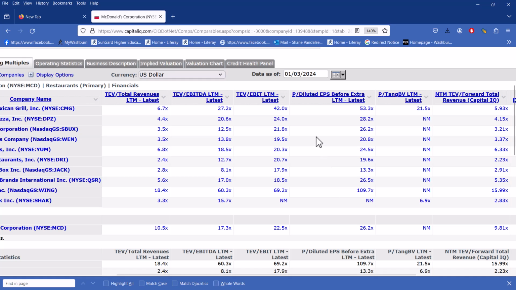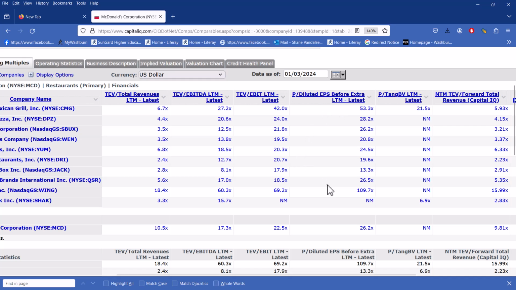But typically what we look at primarily is comparing it across firms. So again, this bottom line here is McDonald's. It's at 26.2, and this is the price to diluted earnings per share before extraordinary items for the last 12 months, which sounds really complicated, but really it's the price to earnings ratio for the last 12 months, based on the earnings per share for the last 12 months.